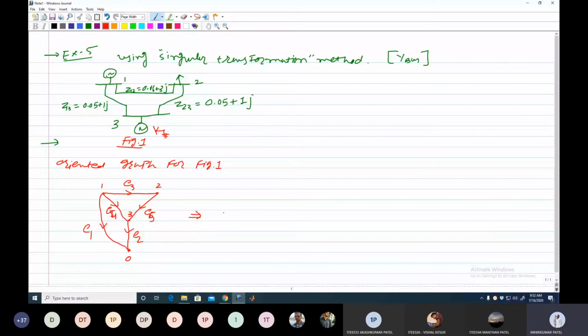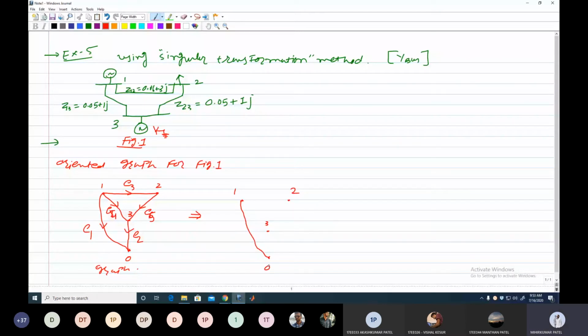Okay. Then we will draw the tree. This is your oriented graph, and from the oriented graph we will draw the tree. What is the condition to draw the tree? All nodes must be included, and there is no closed path formed by your network. Just number them 1, 2, and 3, and the reference.